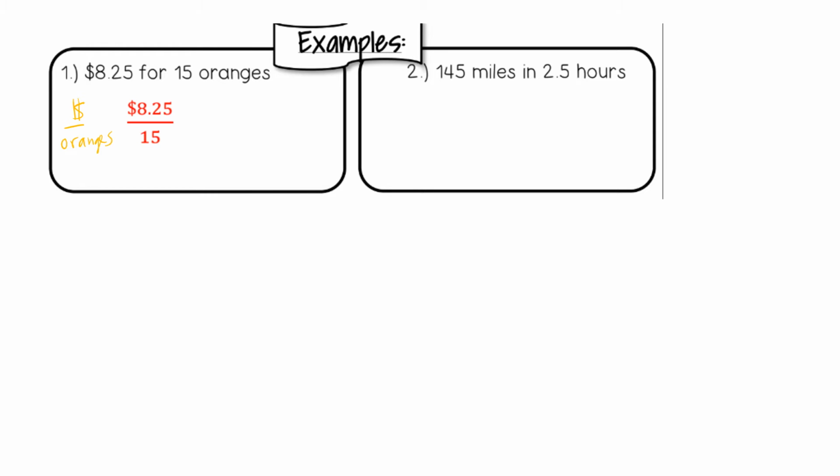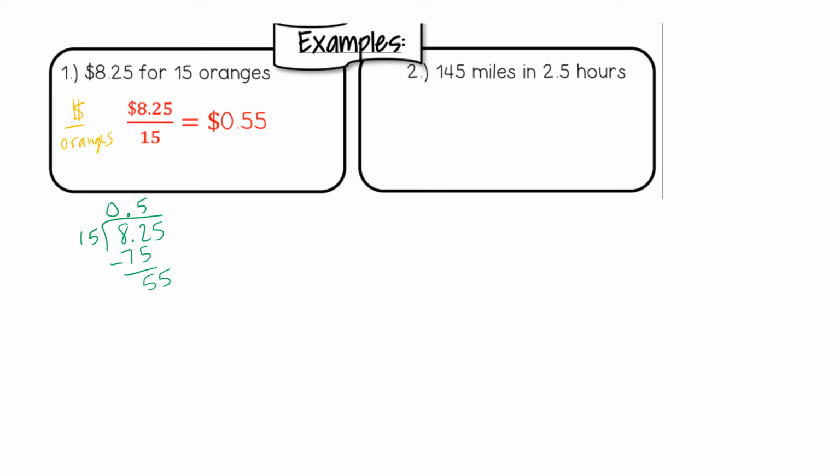So we use the division box to divide. We'll have 15 into $8.25, and I believe that when I do this, well, 15 doesn't go into 8, but 15 goes into 82 5 times, I believe that's 75. And there's 75. And I think, let's see, oh, wait, 55 cents.